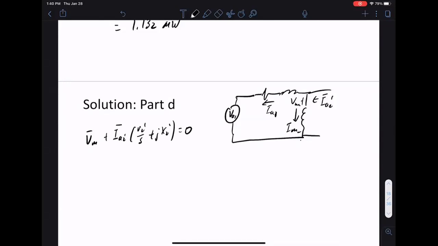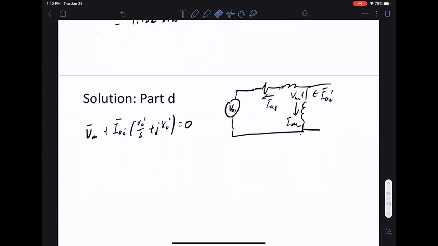The reason this equation holds is if you look at this Vm voltage, on the rotor side of the circuit I have X2 prime, R2 prime over S. This is both the R2 prime and the developed RD added together. I'm facing some voltage Vm, and I have current flowing this way. So this is my rotor side of the circuit. So this sets up a relationship between Vm and IA2.